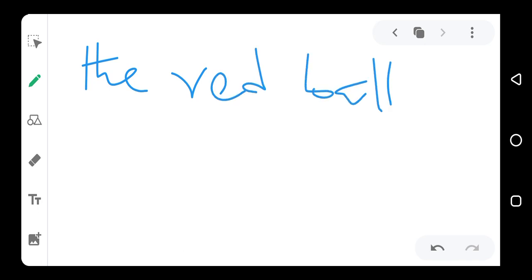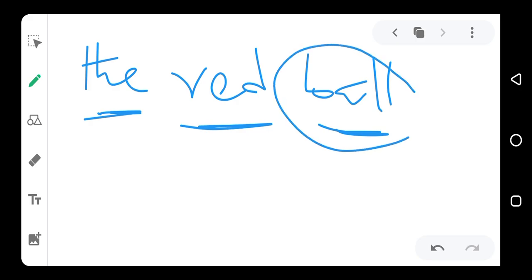For instance, the red ball. This is an article, the. This is an adjective, red, and this is the noun. The whole of these words are built around the noun ball.